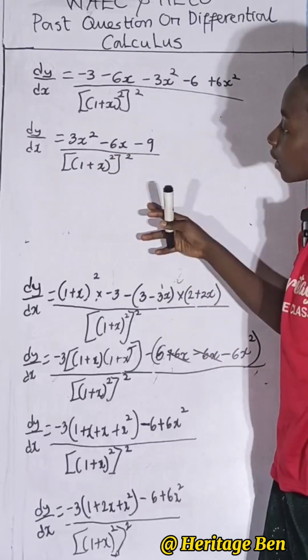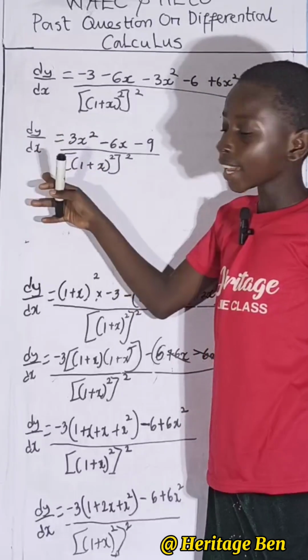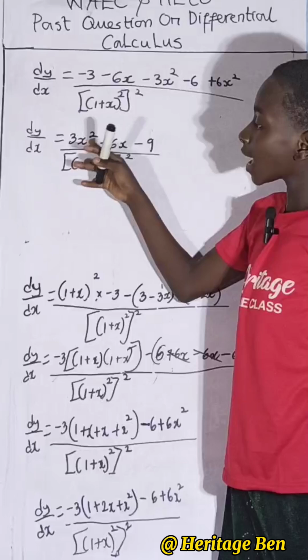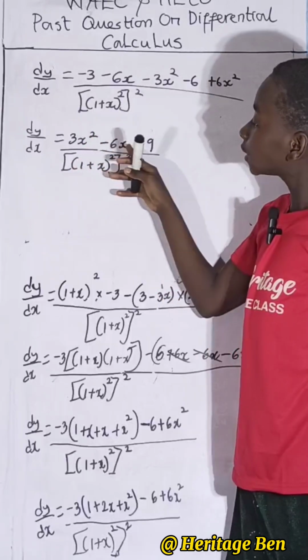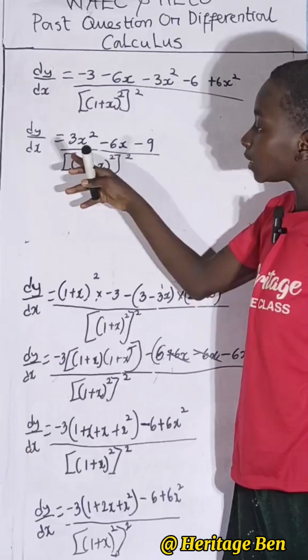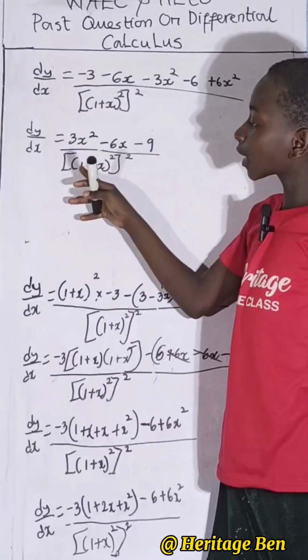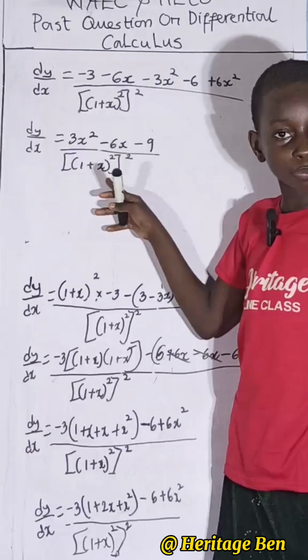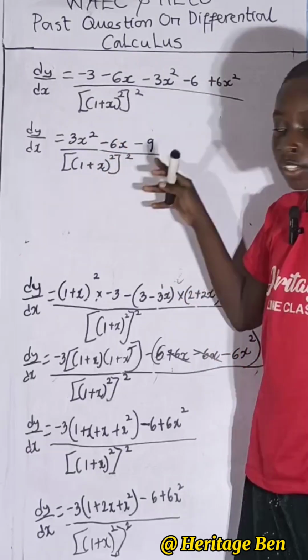This is our final answer. dy/dx is equal to (3x squared minus 6x minus 9) divided by ((1 plus x) squared) all squared.